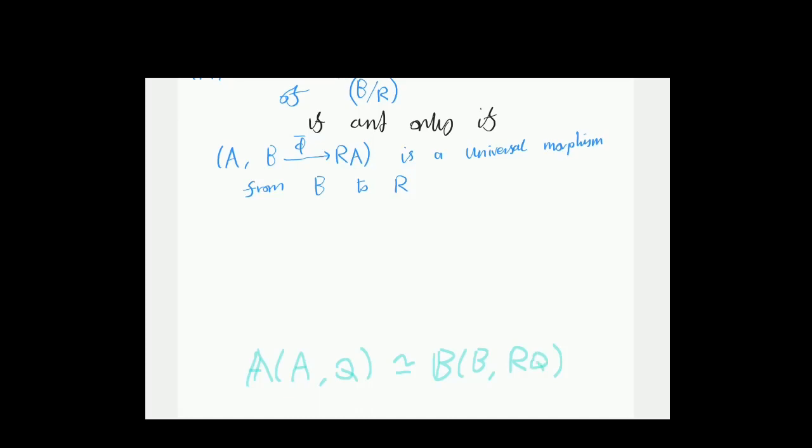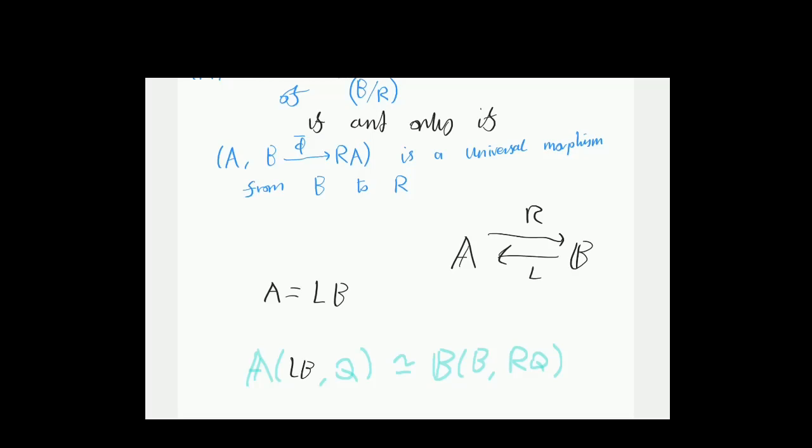Now look at this. Does this remind you of anything? Well, what if we had that A is equal to L of B for some functor L which goes in the opposite direction? So we have R that goes from A to B. What if we have a functor L from B to A, and A was equal to L of B? Well, in that case, this natural isomorphism looks like this.